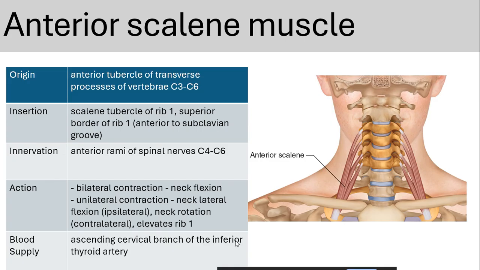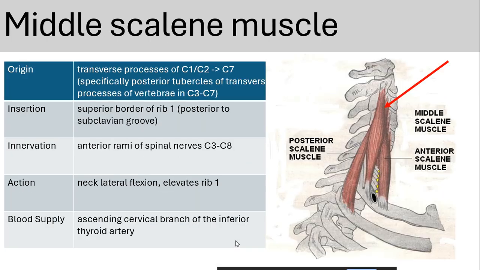Anterior scalene muscle: origin, anterior tubercles of transverse processes of vertebrae C3 to C6. Insertion: scalene tubercle of rib 1, superior border of rib 1 anterior to the subclavian groove. Innervation: anterior rami of spinal nerves C4 to C6. Action: bilateral contraction, neck flexion; unilateral contraction, neck lateral flexion and rotation, elevates rib 1. Blood supply: ascending cervical branch of the inferior thyroid artery.